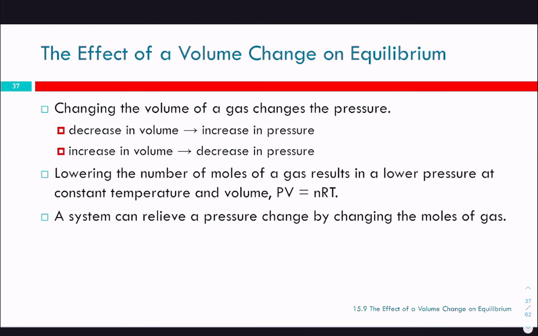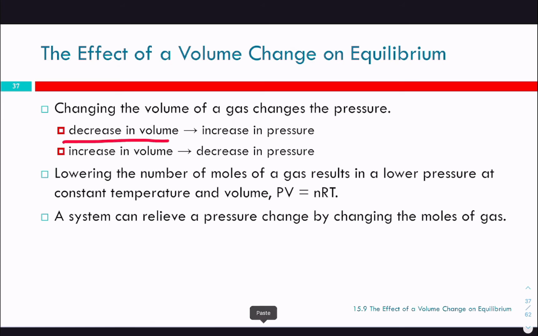We can add a level of complexity here with gases. If we change the volume of a gas, that changes the pressure. And if you remember, the pressure of a gas is related to the concentration of the gas, so those two things go together. If the pressure of a gas decreases, the concentration of that gas decreases.